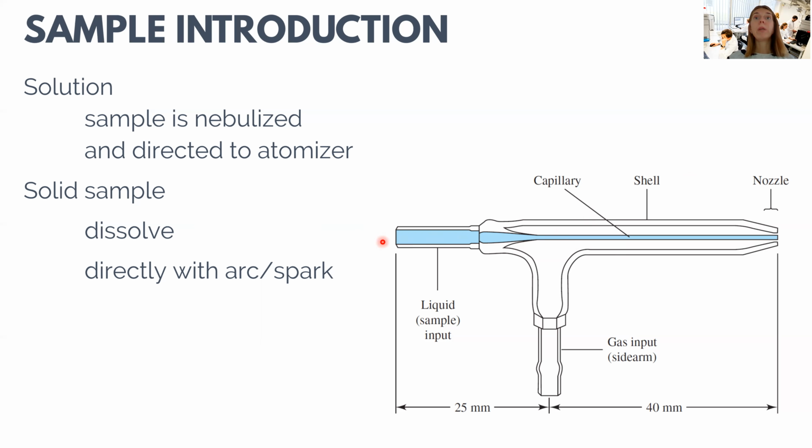This is usually a coaxial system where the inner capillary, marked here with blue, is carrying the sample, while the outer capillary is carrying the spraying or nebulizer gas. And usually this is oxygen or air, something that is also used in the flame, for example. Or if we don't use a flame, then the same gas as is used in the atomizer system.